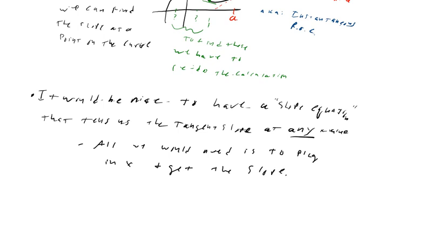That would be nice. It would be nice to have some kind of slope equation, a formula, an equation that tells us what the tangent slope is at any x value. You plug in the x value, you get the slope. That's what we are looking for.